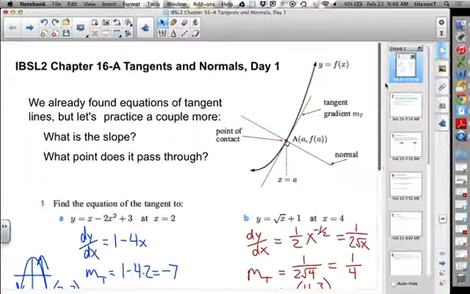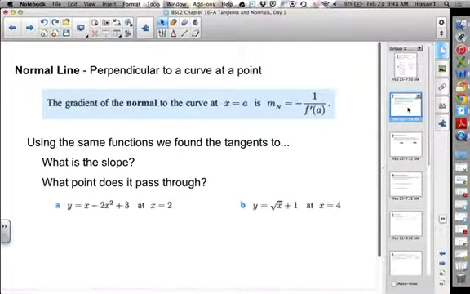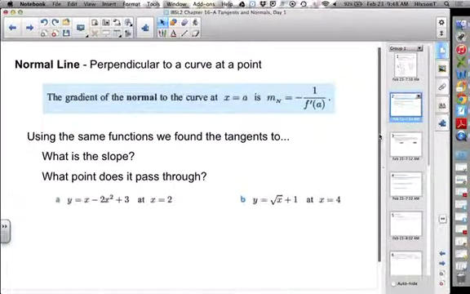Perpendicular lines have negative reciprocal slopes. So, if I know the slope of the tangent line here is -7, what is the normal line at x equal 2 going to have for its slope? 1/7. Yeah, positive 1/7.